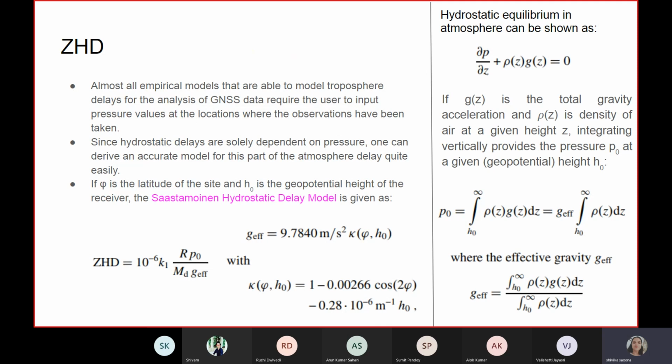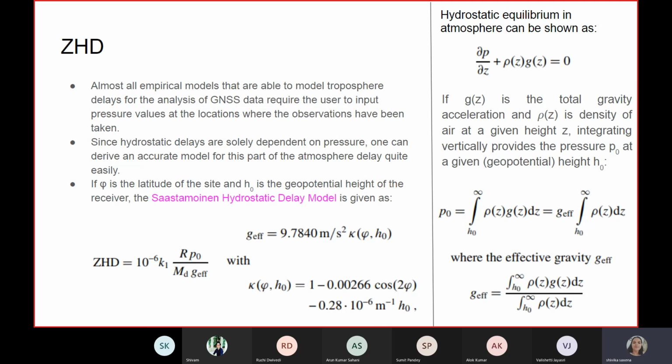Hydrostatic delay is the dry delay and wet delay is the wet delay. We don't use the non-hydrostatic term that much; we directly use wet delay. According to which elevation angle the satellite is viewed from, we can divide these delays into two parts, slant delays or zenith delays.